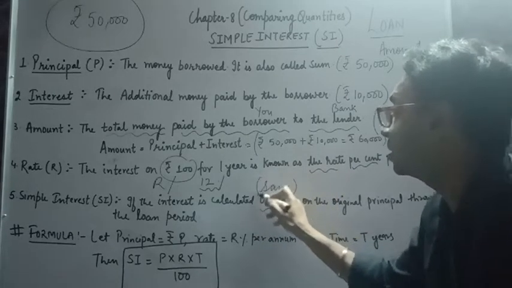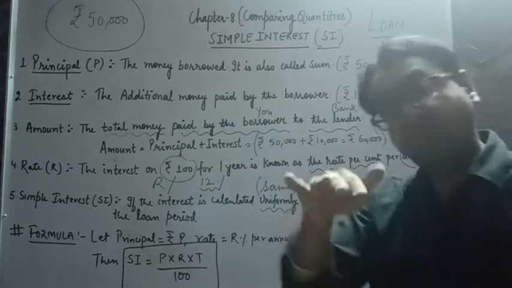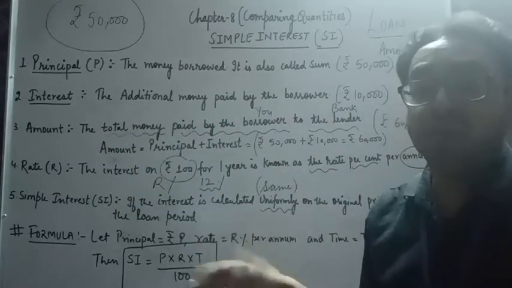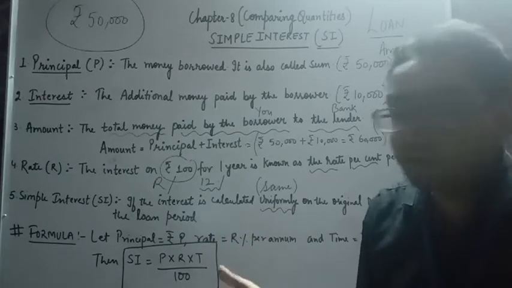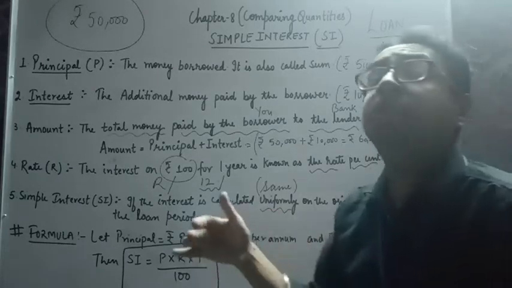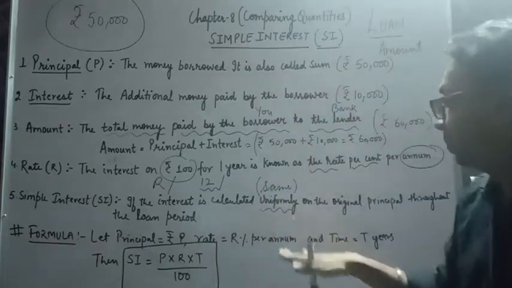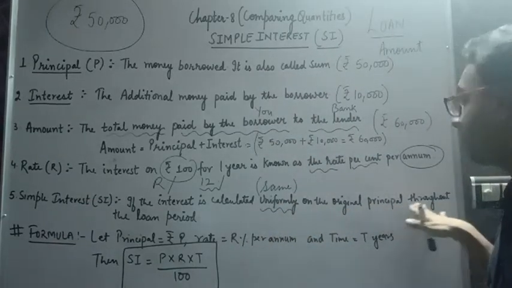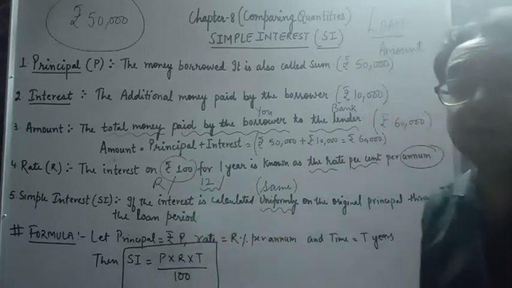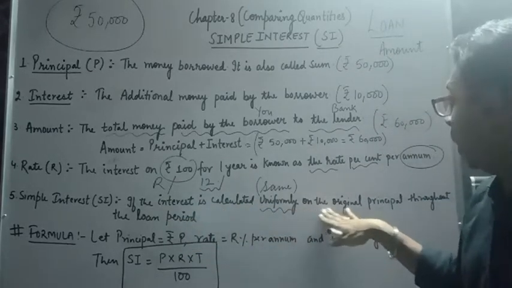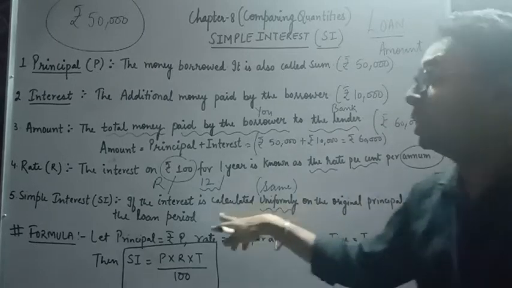Uniform motion, I think you understand uniform motion, covering equal distance in equal interval of time. That is what uniform. Moving with a uniform speed, again covering equal distance. It means equal, same, on the original principal throughout the loan period. Understand, very important. Interest is calculated uniformly, same, on the original principal throughout the loan period.